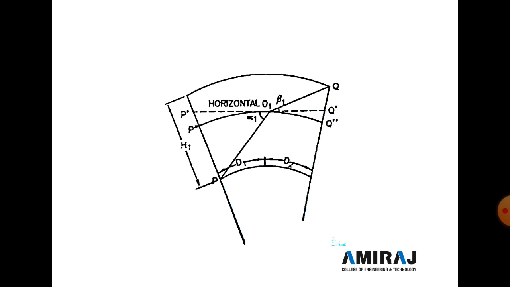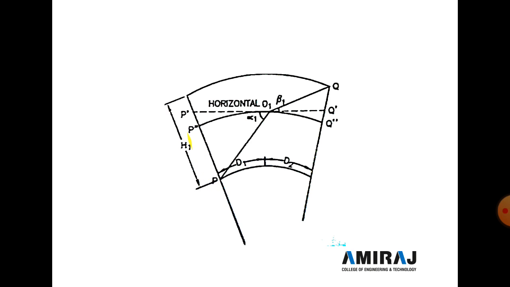Here we have P dash, P double dash, and Q double dash. Both are differences of elevation. How do we find P double dash and Q double dash? From the figure you can see P double dash minus P dash gives the exact height difference.